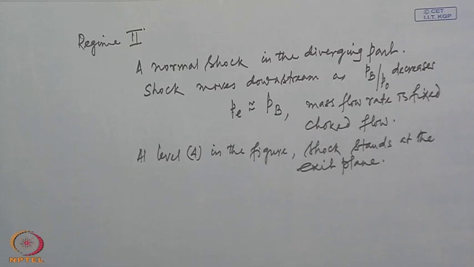Now, if we fit a duct of uniform cross section at the exit, then that entire uniform duct now behaves like the exit plane and the real exit is at the exit of the uniform duct.